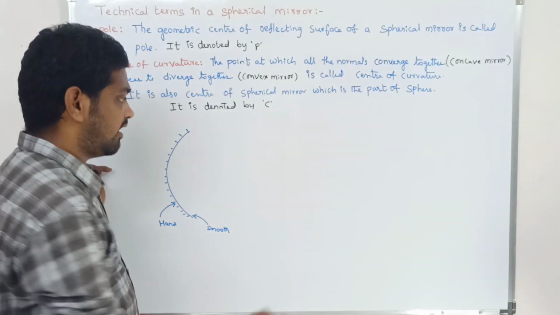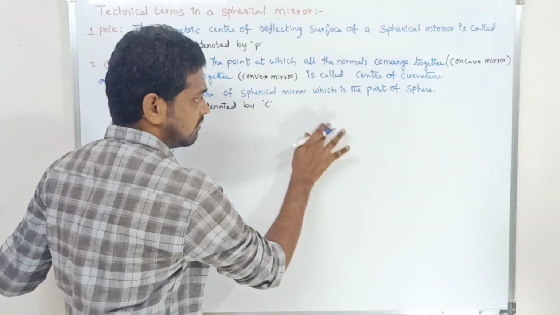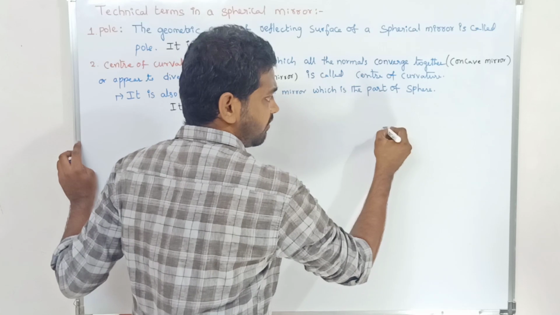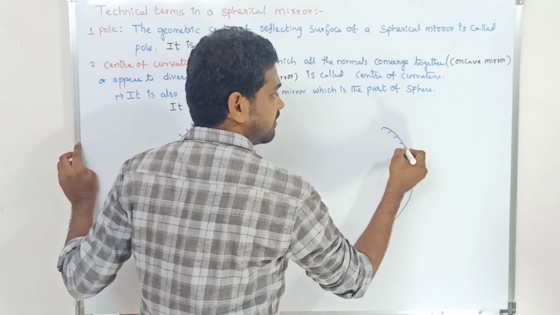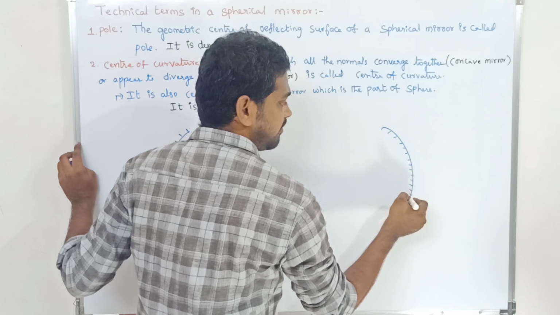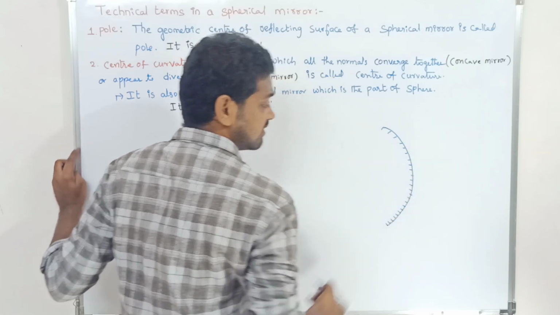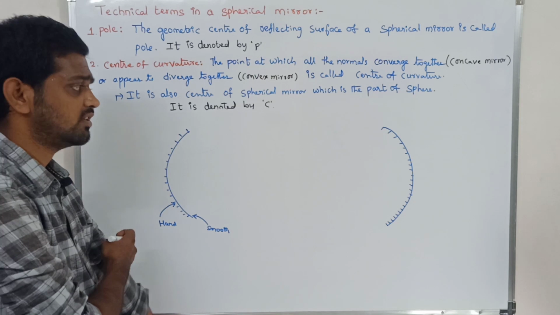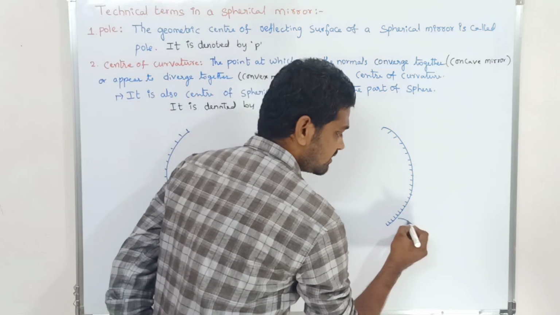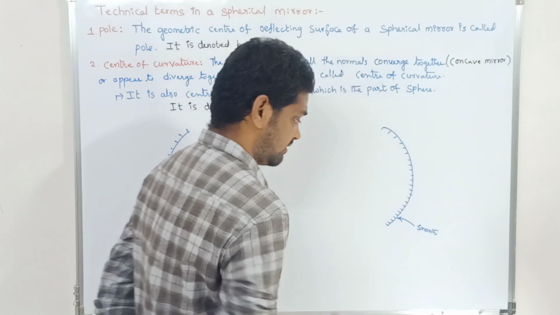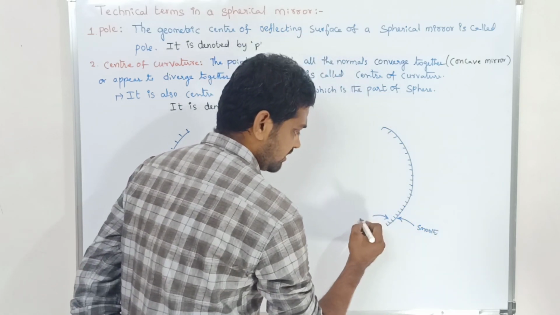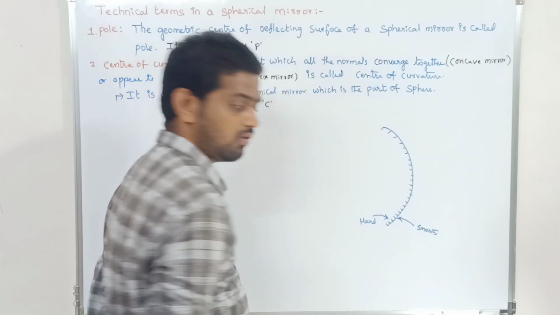Coming to the convex surface, the reflecting surface is outside, so the bulged surface faces outward. The reflecting part is smooth, and the painted part is hard.